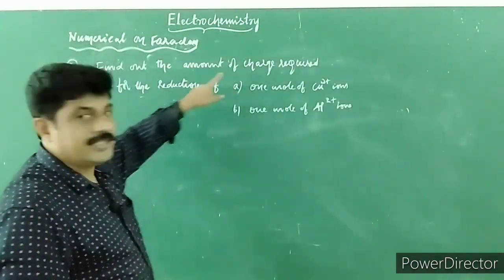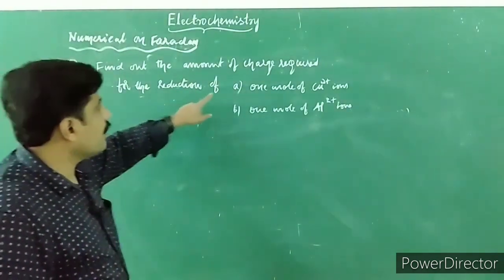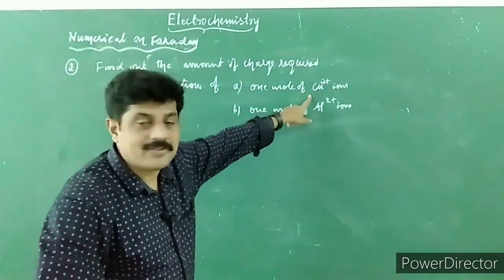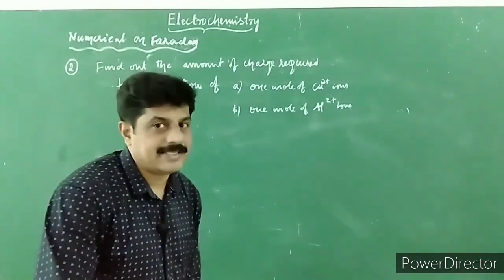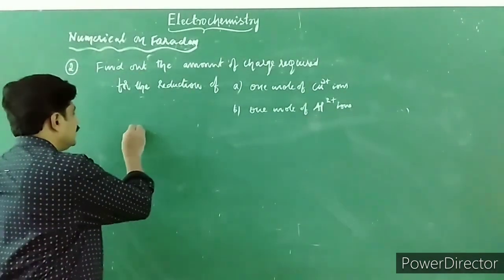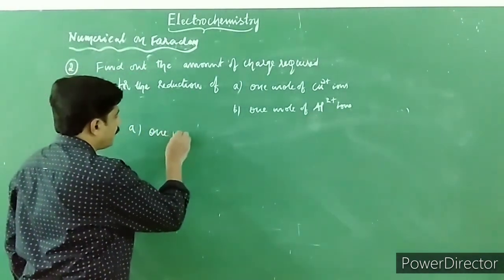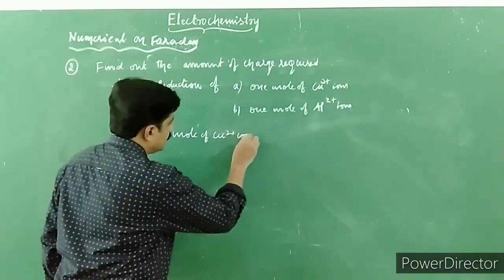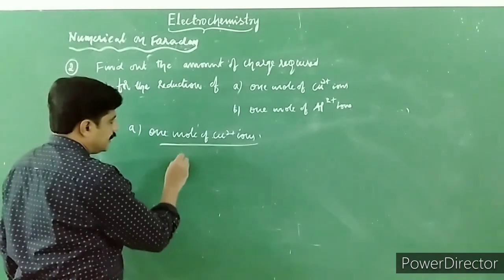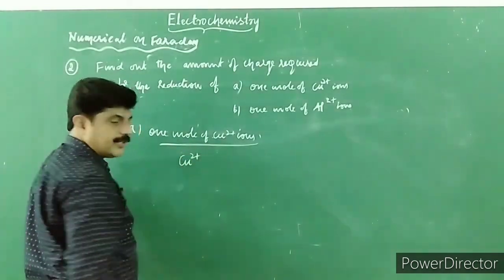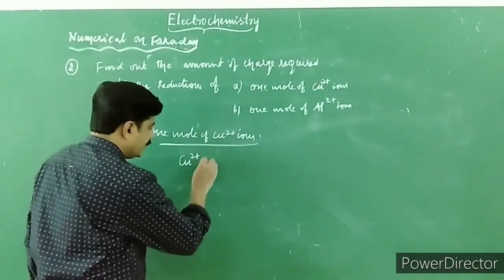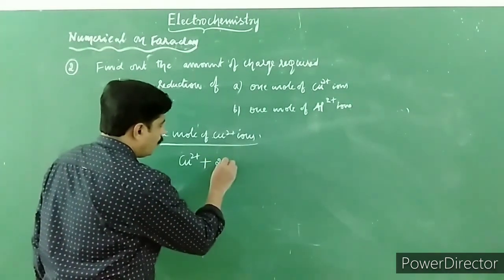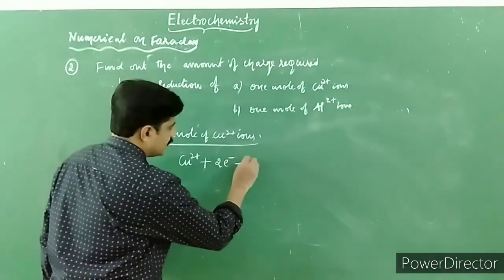Find out the amount of charge required for the reduction of 1 mole of Cu2+ ions and 1 mole of Al3+ ions. Let me take the first one, that is 1 mole of Cu2+ ions. Look at here, children, for 1 mole of Cu2+ ion reduction, you need 2 moles of electrons.